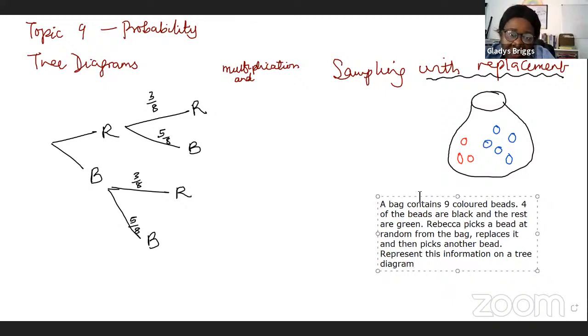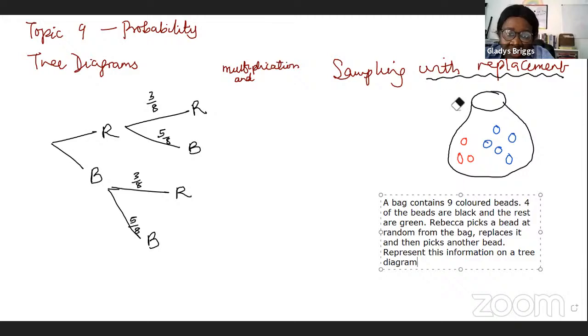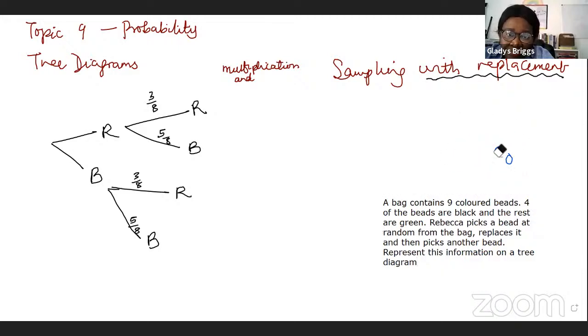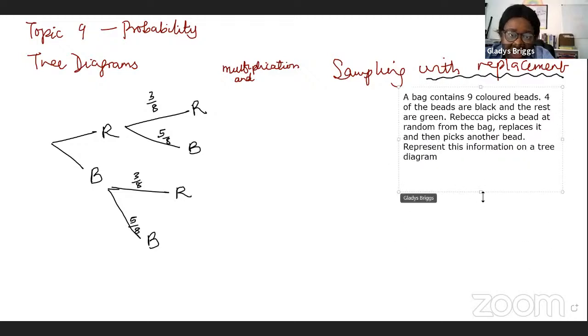Represent this information on a tree diagram. That's my first question.